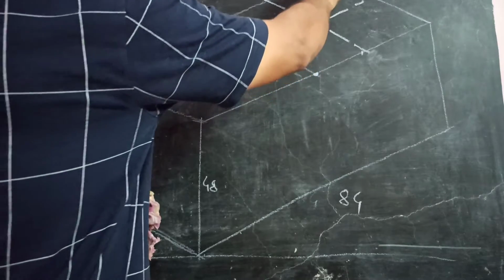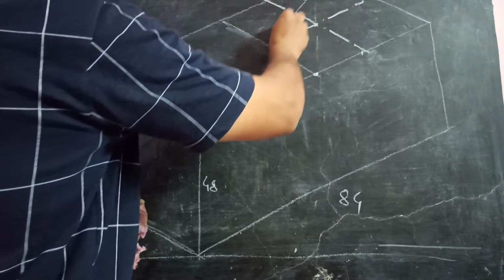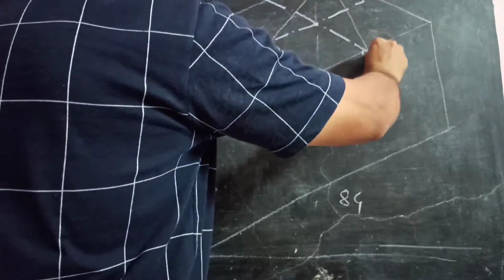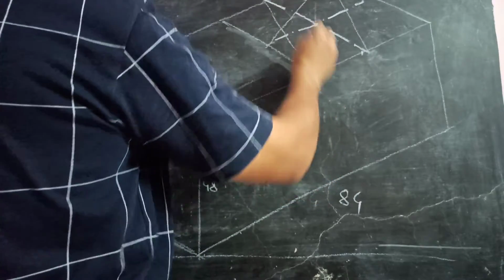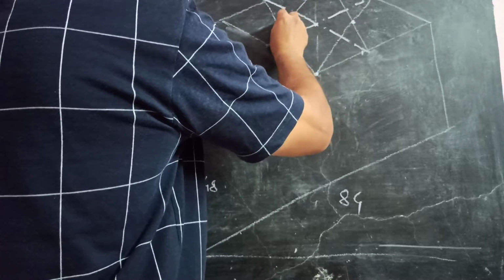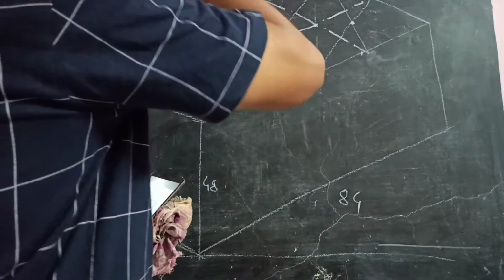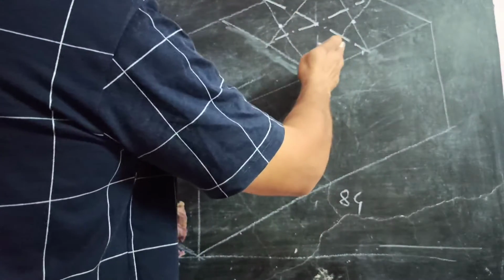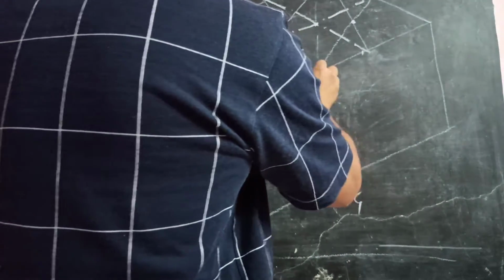From here, draw the midpoint of opposite lines from here also. So you have got these as intersection points, right? Since it is a semicircle, we have to use only two centers, this one and this one.